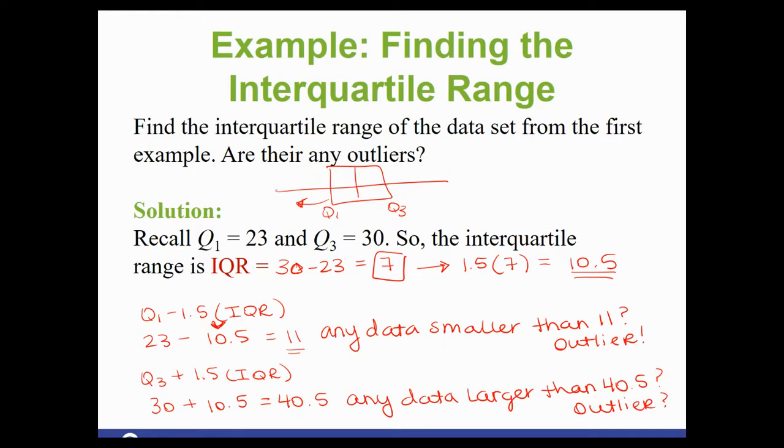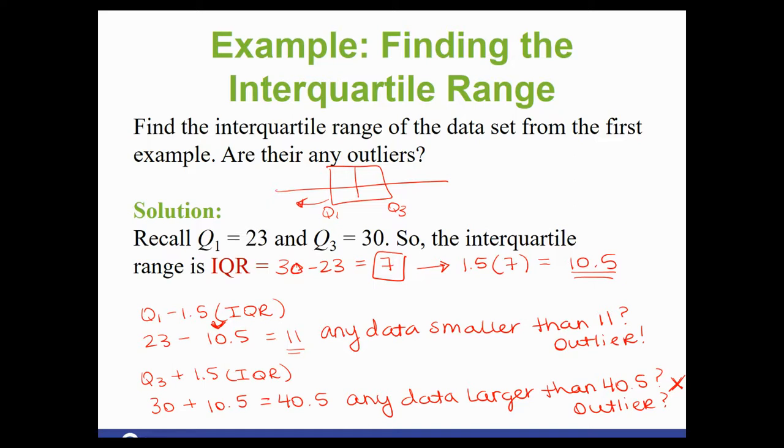You check to see if you have something smaller than that lower number or something bigger than your bigger number. Anything outside of that range is an outlier. So if we actually go back and look at our data set, our maximum was 35. So we have nothing bigger than 40.5, but our minimum was 11.